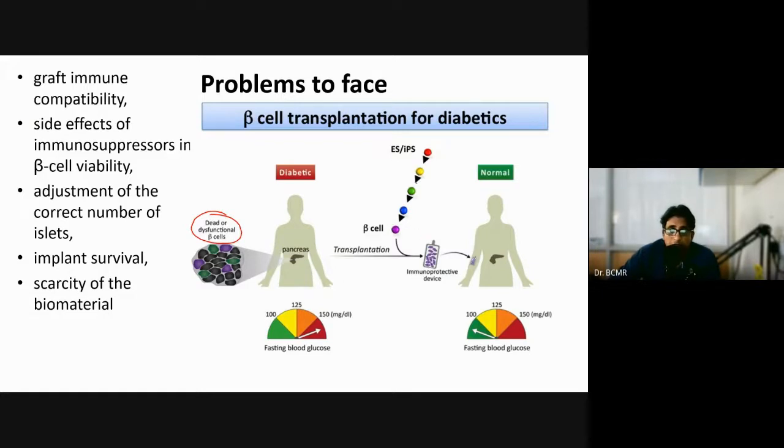In that case, if we have derived beta cells and put them in the person, they could be killed. So one of the solutions people propose is to put them in an immunoprotective device so that the antibodies don't reach and kill the cells, and these cells keep on producing insulin when and where required.